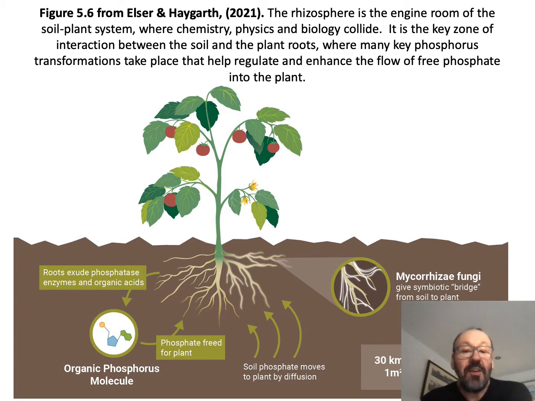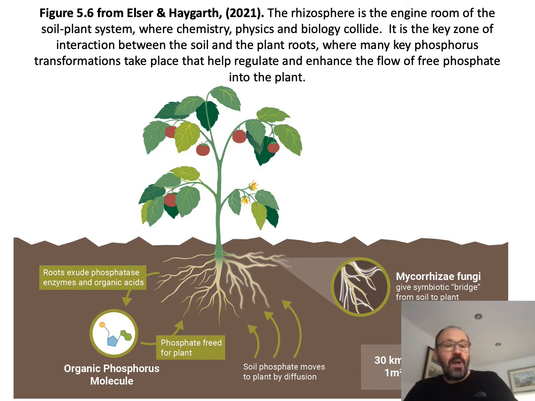So moving to the next slide, this is a nice schematic of what we call the importance of the plant, and you'll learn more about that as you go through your degree paths if you take this journey. The plant has a rhizosphere, this zone around the root mass that's part of the soil, and in this rhizosphere the plant gives out all sorts of funky little chemicals which are very clever at breaking and accessing different forms of nutrients, in our case phosphorus.